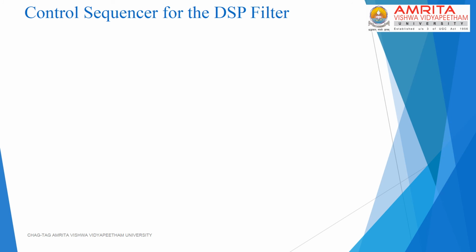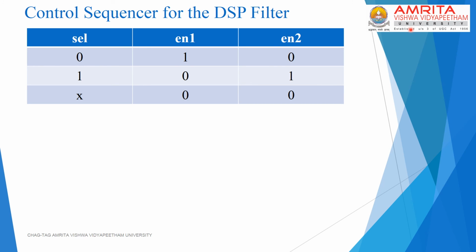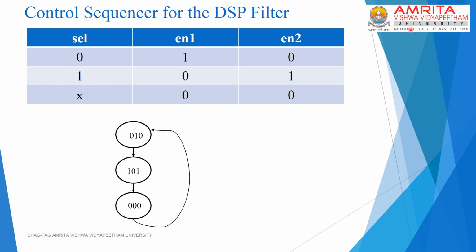The control sequencer for the DSP filter, as mentioned in the previous slide, will continuously generate the sequence 0, 1, 0, 1, 0, 1 and 0, 0, 0. Of course, it is assumed that every 3 cycles you will have a fresh set of inputs at the input buses of the filter.